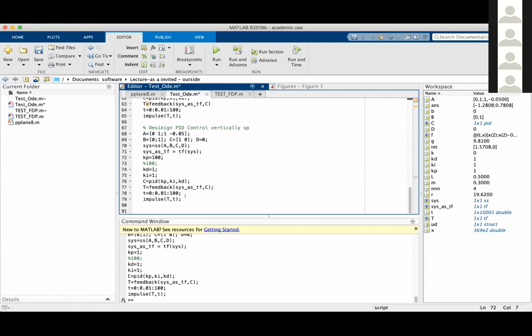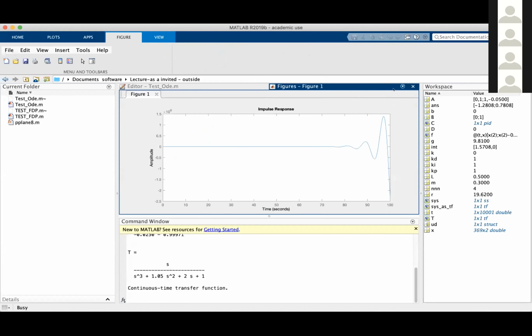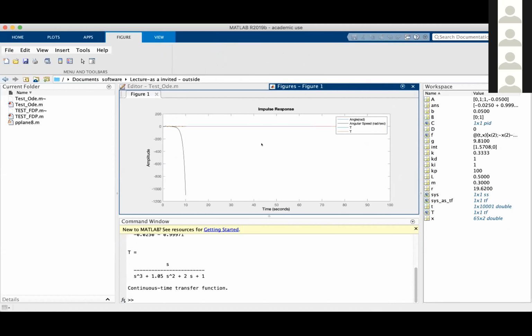So let me check if I increase the gain. It is the vertical up position, but previously the response was very bad. So now let's see the result. Yes, you see, this is the response we are getting.